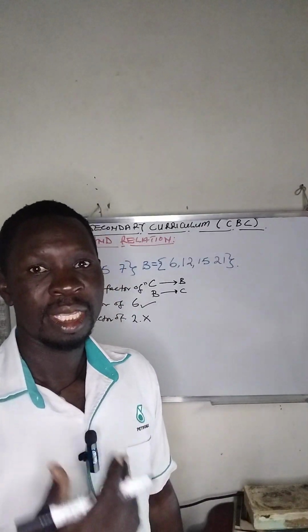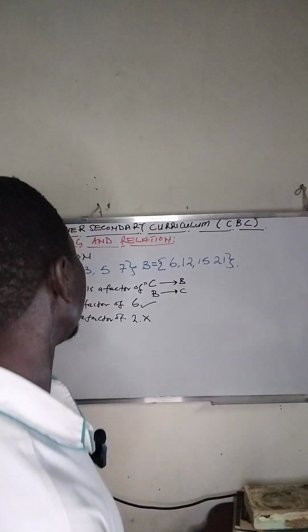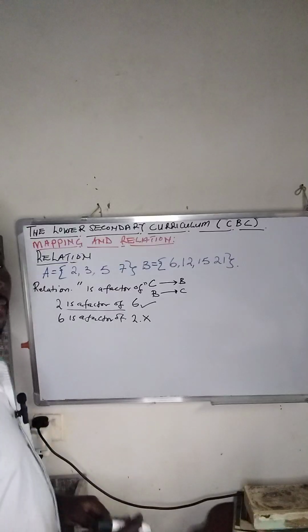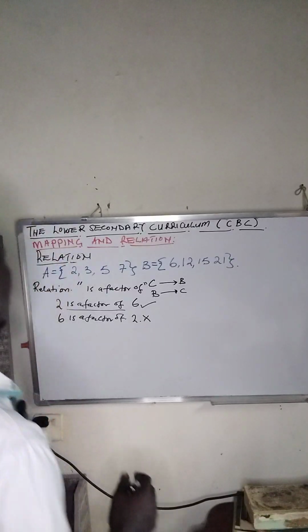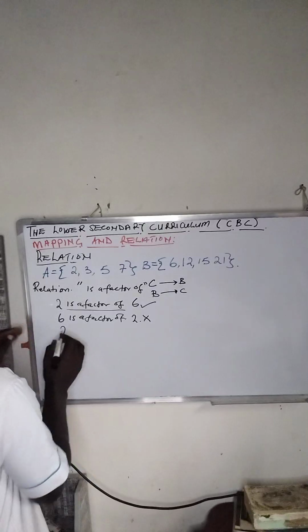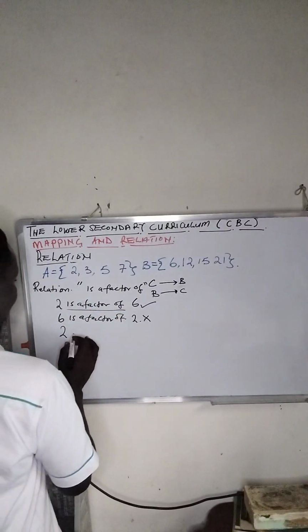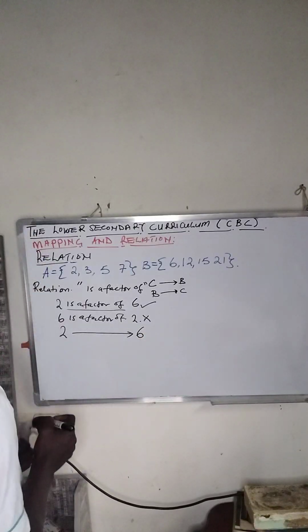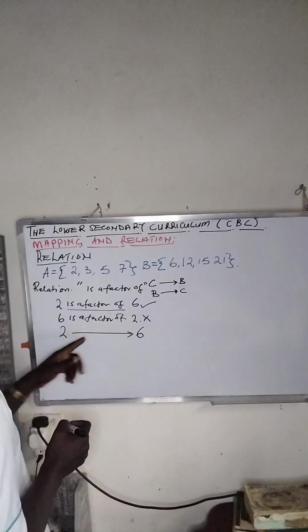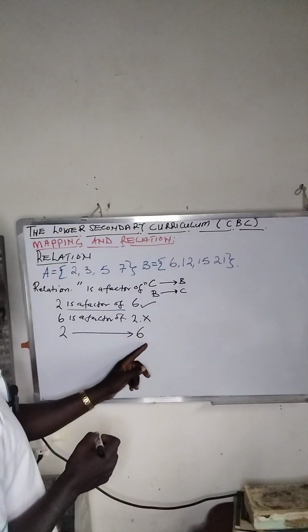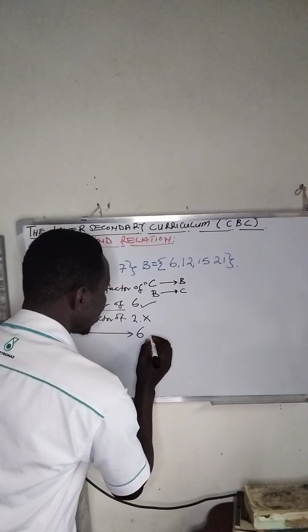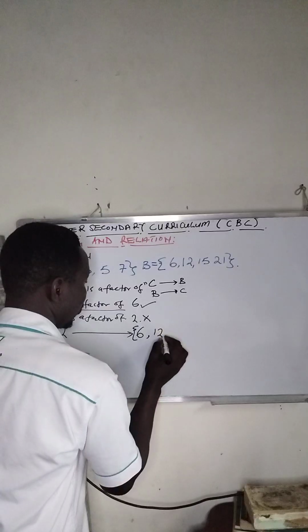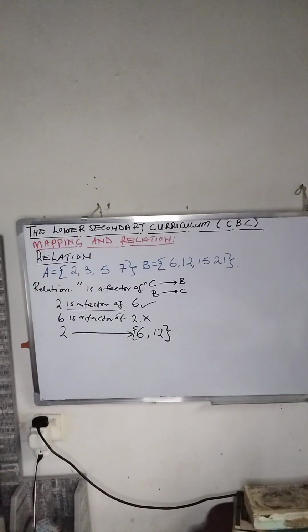Now, when you look at these ones here, the statement which is right is this one, that defined is a factor of. To define this one, instead of writing this, we write the arrow, and we say 2 maps to 6. It means 2 is a factor of 6. And we can just say this, and a 12. Are you seeing that one?